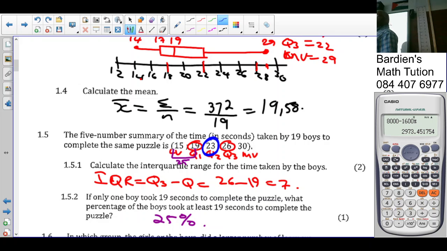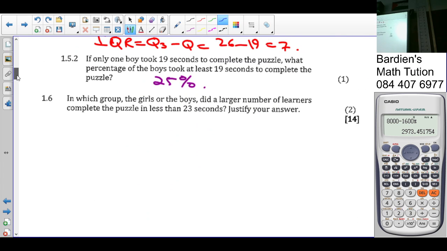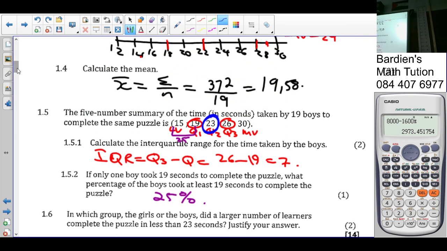You all agree with that? So how much percent of the boys completed it under, was it under or above? Less than, so it's under. So how much percent of the data completed less than 23 seconds? 50%.